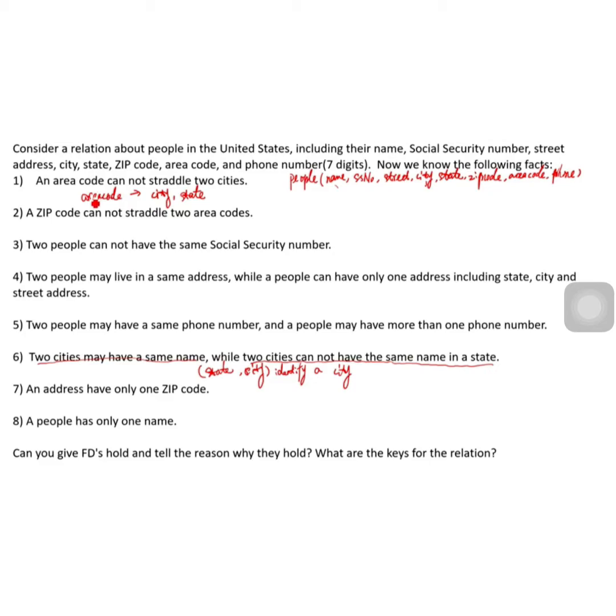So now we can get area code functionally determines city and state together. These two attributes identify a city.